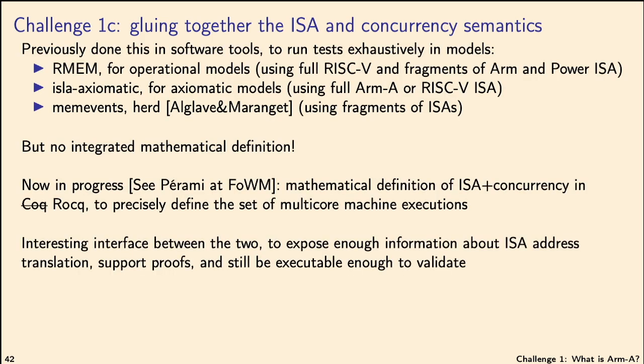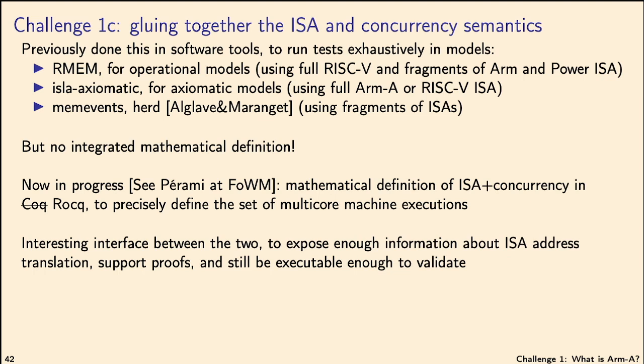So right now, even as we speak, Thibaut is trying to draw that line to make a mathematical definition in what we shall now call ROC, to precisely define the set of allowed multi-core executions in a way, hopefully, that will be reasonably reusable over future time and not change too often. I mean, surely we will have to change it a bit, but we're trying quite hard to engineer that to make it robust.